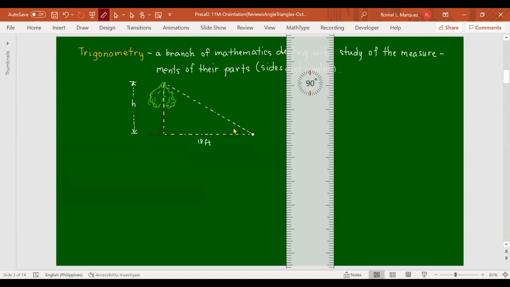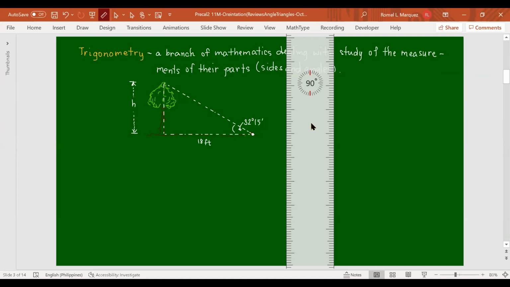And let's say the angle formed between the imaginary line from this point on the ground to the top of the tree and the horizontal is 32 degrees and 15 minutes.